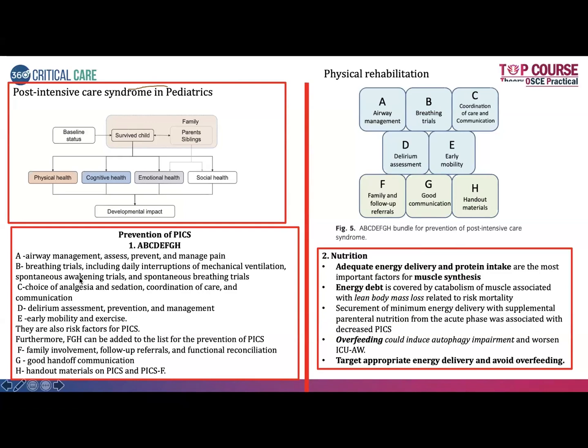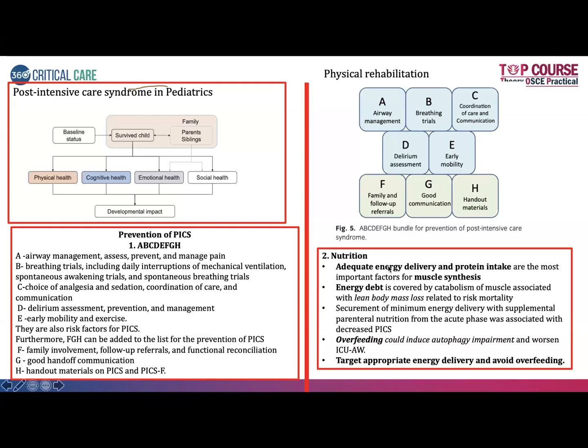B for breathing trials, including daily interruptions of mechanical ventilation, spontaneous breathing trials, spontaneous awakening trials, choice of analgesia, sedation, coordinated care and communication, delirium prevention, assessment and management, early mobility and exercise. So also involve the family, follow referrals, functional reconciliation, and good handoff communication, hand out materials on PICS and PICS-F.